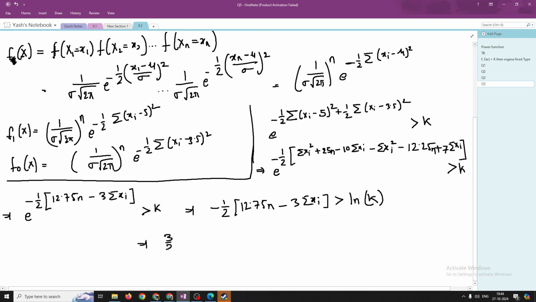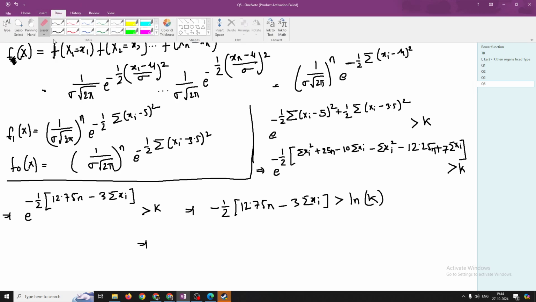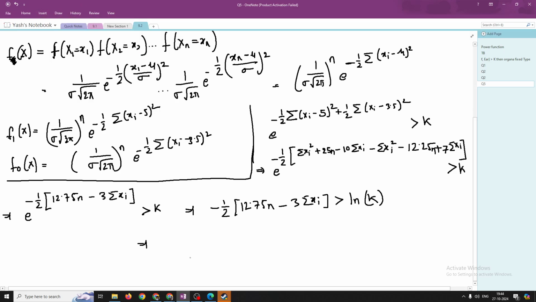So this is 3 by 2 summation xi, or this is 3n by 2 x bar, right? So I am dividing by n, multiplying by n.